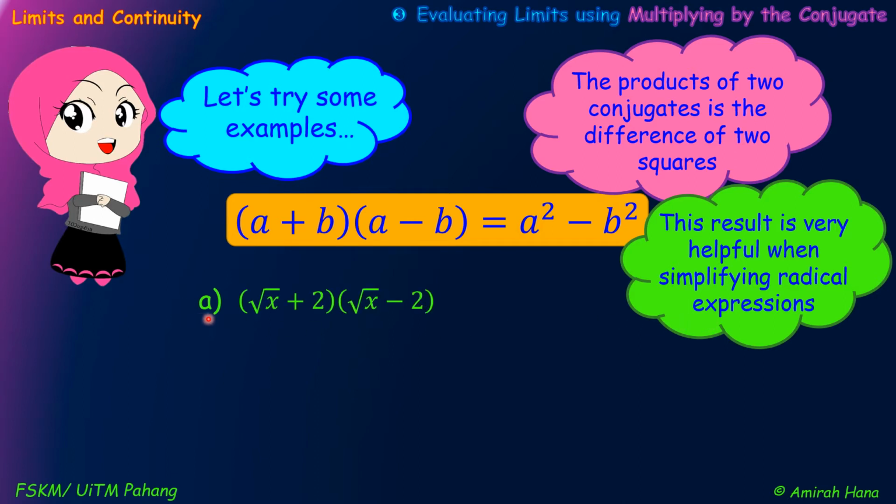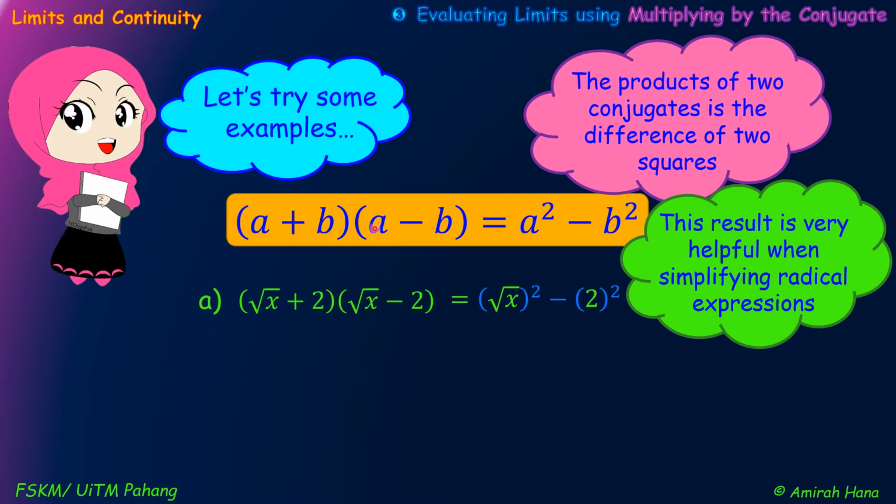Let's say we look at example A. Square root of x plus 2 times square root of x minus 2. We have the same term, but in between we have opposite signs. If we multiply this using this formula, we will get square root of x, squared, and then minus 2 squared.